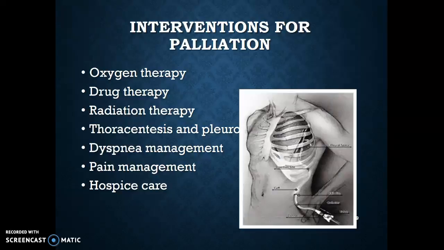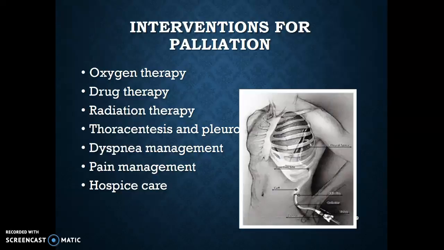Thoracentesis or pleural drains are sometimes put in patients as well. This may be a little different than a chest tube. Sometimes you'll hear people refer to this as a pleural drain or a pigtail drain, and they may actually have just a little bitty small drainage tube that comes out of the chest.